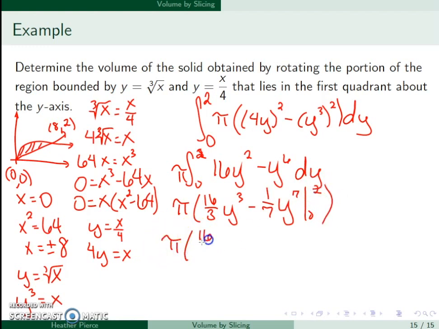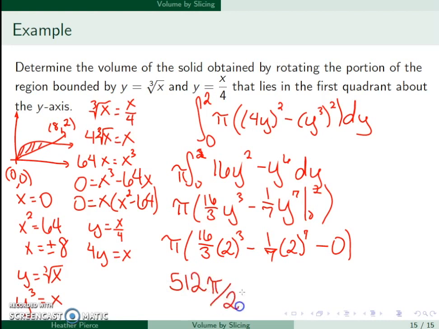So we have 16 over 3 times 2 cubed minus 1 over 7 times 2 to the 7th minus 0. And once we simplify this, we get 512 pi over 21.